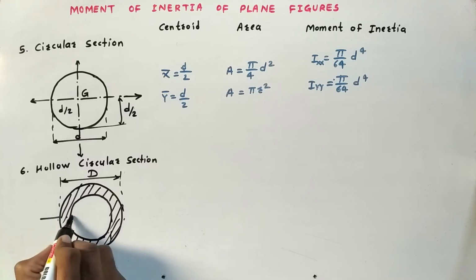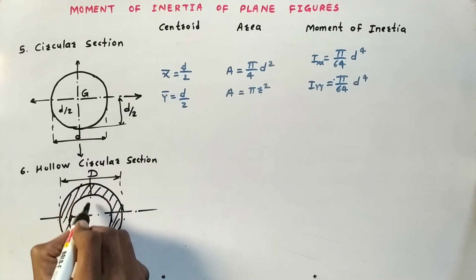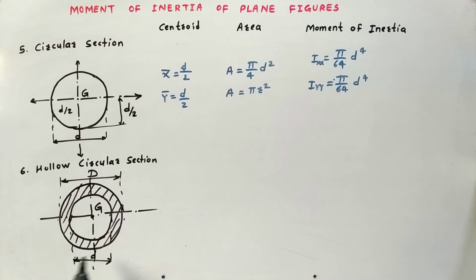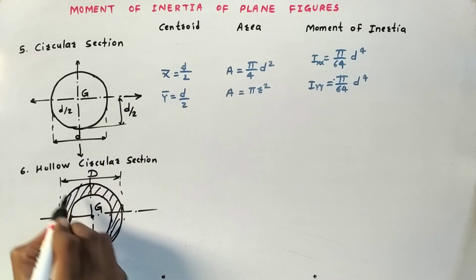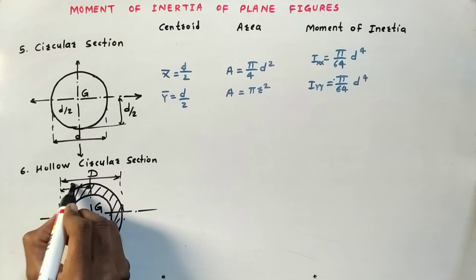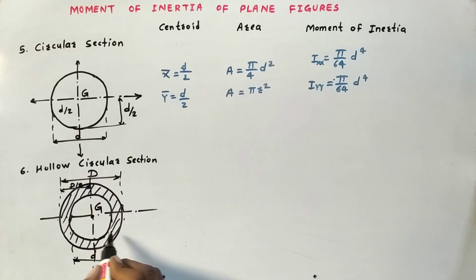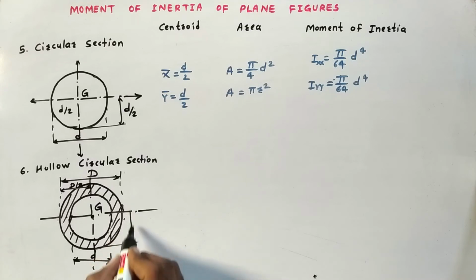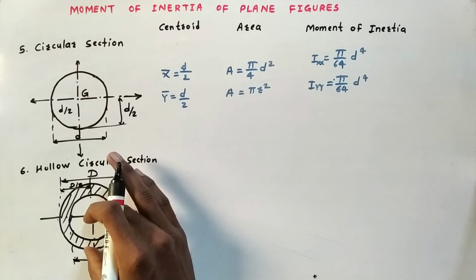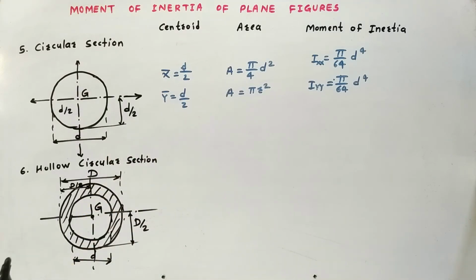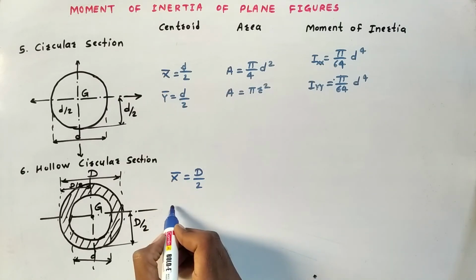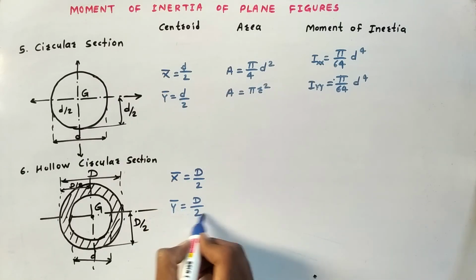Now this is the horizontal centroidal axis, vertical centroidal axis. This is centroid G. Now centroid G is at capital D by 2 from the left hand, and from the bottom it is at capital D by 2. So x bar is equal to capital D by 2, y bar is also equal to capital D by 2.